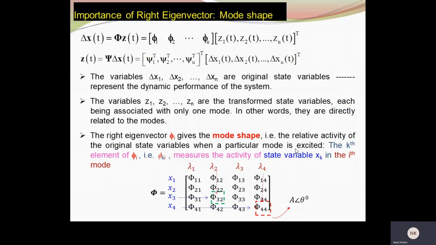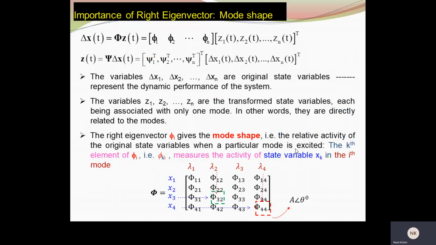So with this discussion on the properties of the eigenvalues and eigenvectors, whether left eigenvectors or right eigenvectors, and then modal analysis for the free motion, we move further to how these properties could be useful for analysis of the power system behavior.